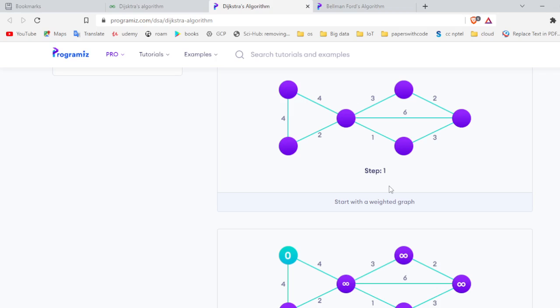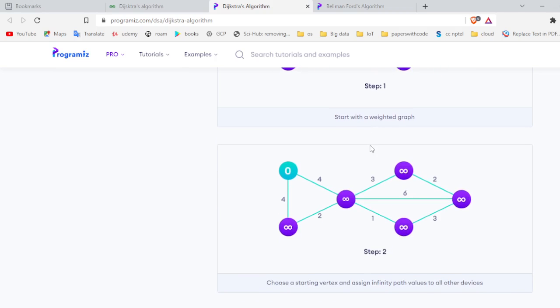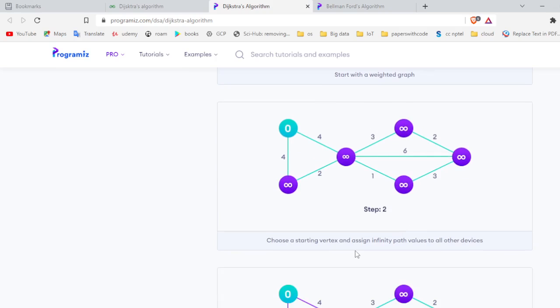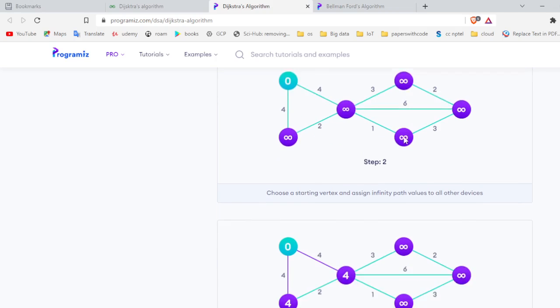Here we are selecting a node 0 as the start node, and all the remaining weights are initialized as infinity, which is maximum. Then choose a starting vertex and assign infinity path values to all other vertices. So we are starting with 0 and all other vertices have distance infinite.